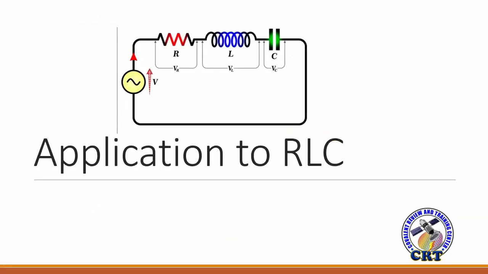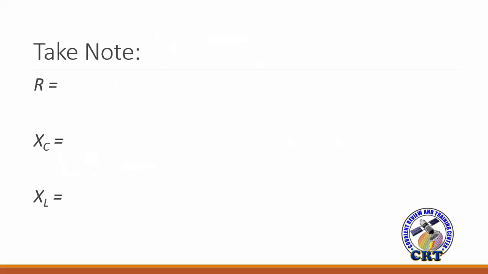Let us now discuss the application of complex number to RLC. Please take note of the following. R is the real part. So the resistance in the RLC circuit is the real part in the complex number system. For the XC, which is equivalent to 1 over 2 pi FC, the result here is imaginary.